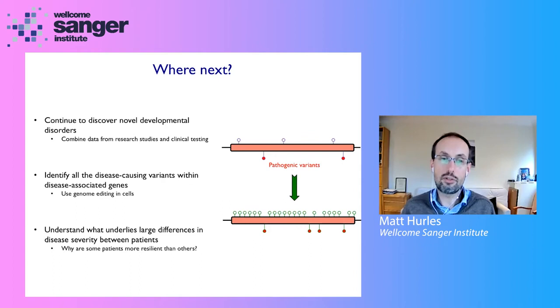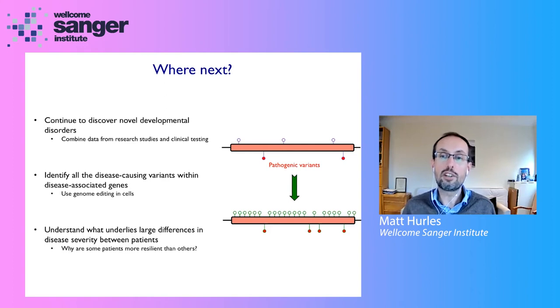And we think there are real opportunities for using new genome editing techniques in cells that will enable us to essentially go, as shown on the right-hand side, from this position that we're typically in with a newly discovered developmental disorder, where we know a few pathogenic variants on the bottom, a few benign variants on the top.